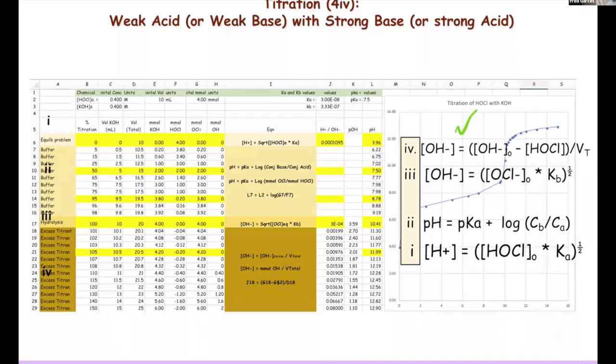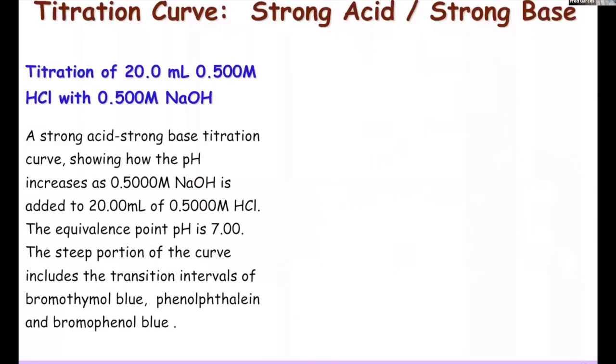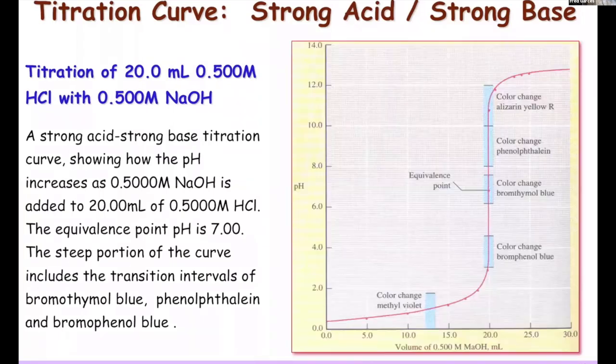Now let me just finish up this section because I want to introduce you to some traits of titration curves. Whenever you have a strong acid, strong base, it'll always start low. That means that your analyte's a strong acid because you don't get a low enough pH unless all the acid dissociates.